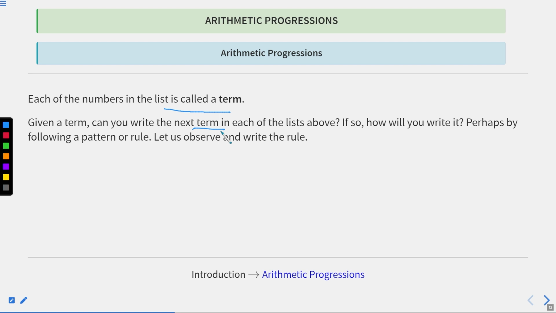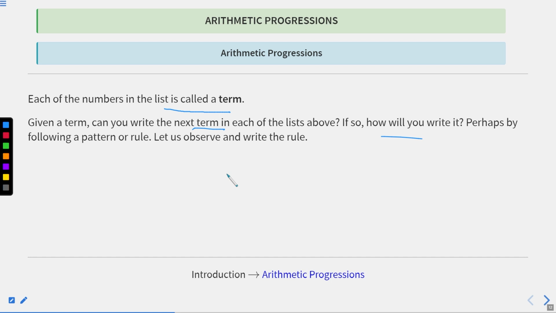Perhaps by following a pattern or rule. Let us observe and write the rule. We find the next term in each list by using some pattern or rule, and here we will discuss these patterns.